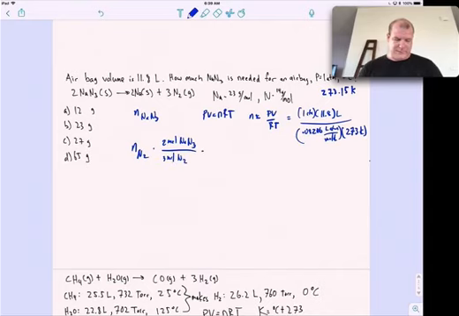Then you need the molecular mass of sodium azide: 14 times 3 is 42, plus 23, that's 65 grams NaN3 per mole NaN3. So that's the way you do that. Doing that, you'll get the answer.